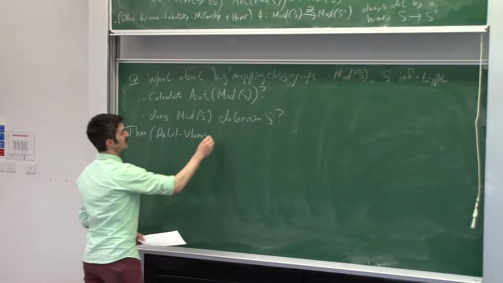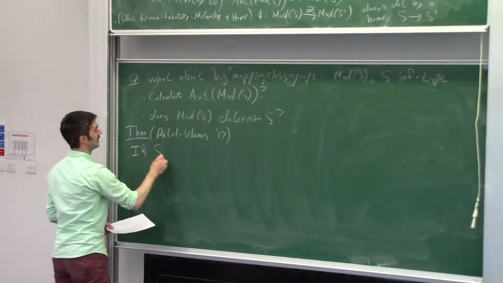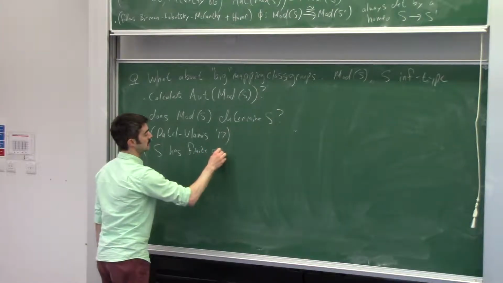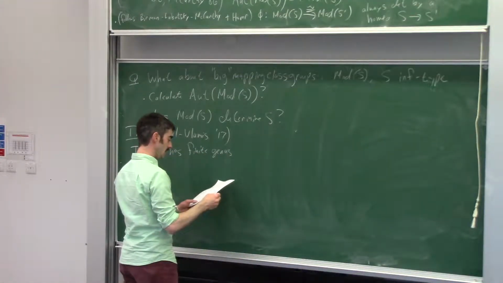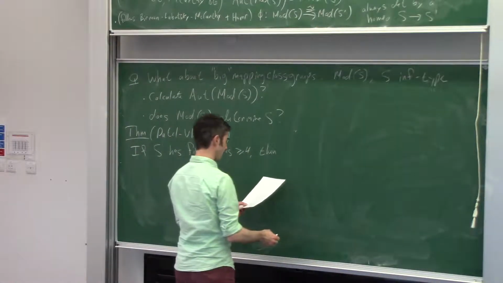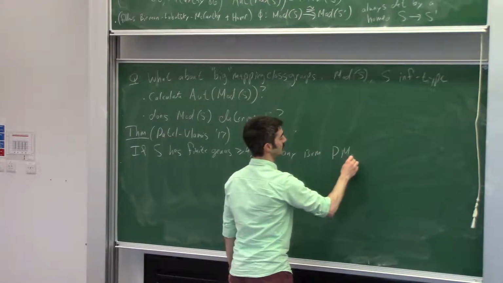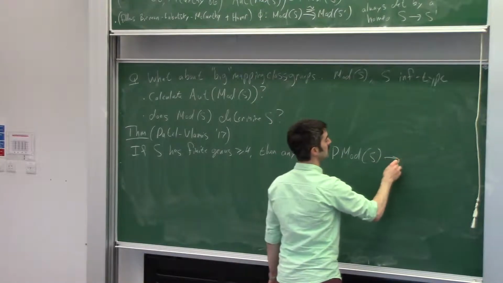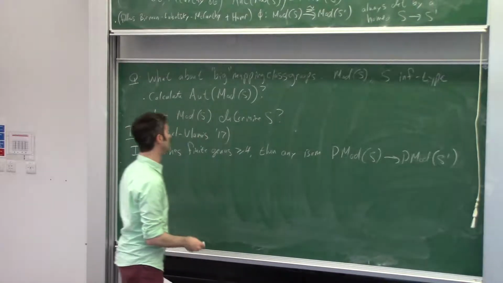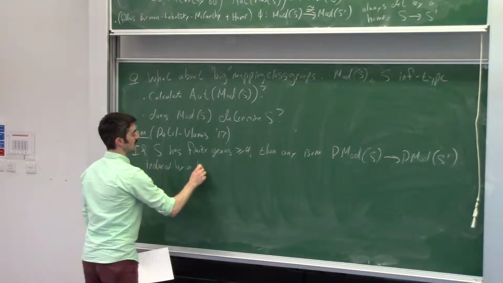Patel and Nick Vlamis, last year, proved that if S has finite genus at least 4, then any isomorphism from the pure mapping class group of S to the pure mapping class group of some other surface is induced by a homeomorphism.